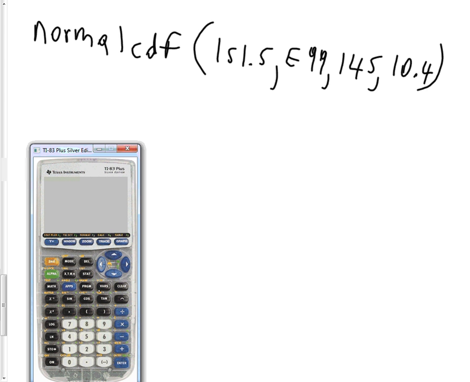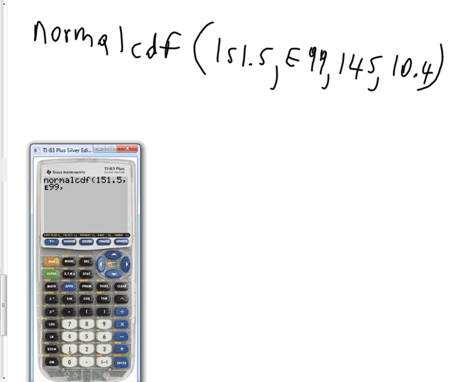Let's turn it on again, clear, and then go to second, distributions. We're going to the normal CDF, which is number 2. We plug in 151.5, comma, second, E99, comma.